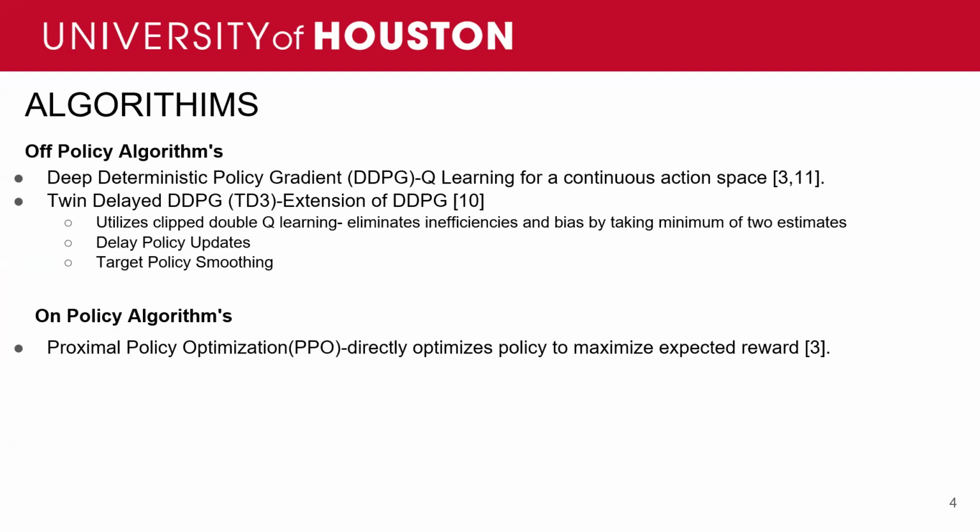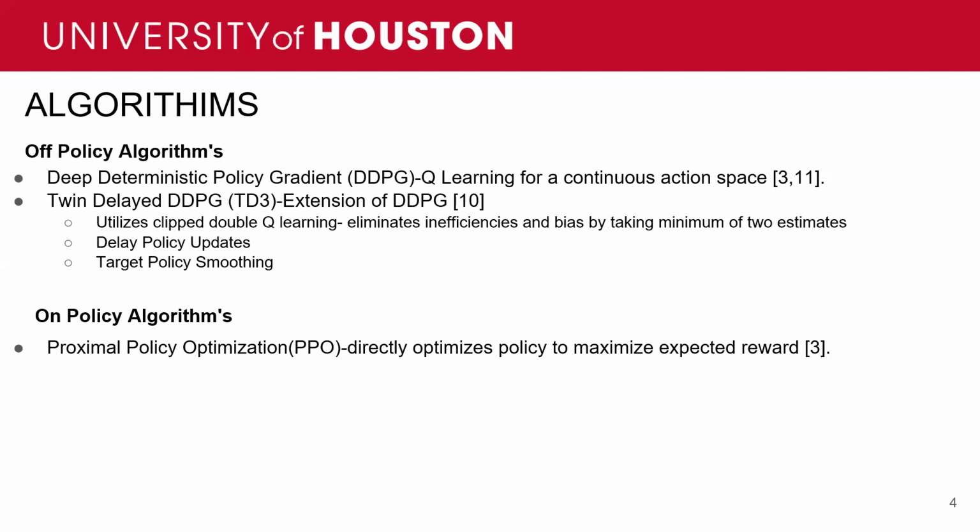Now, to fix that, they've created an extension of DDPG, which is twin delayed DDPG, TD3, which aims to quit overestimating the Q values. And this algorithm here is one of the algorithms that had a lot of success during the previous semester's project.